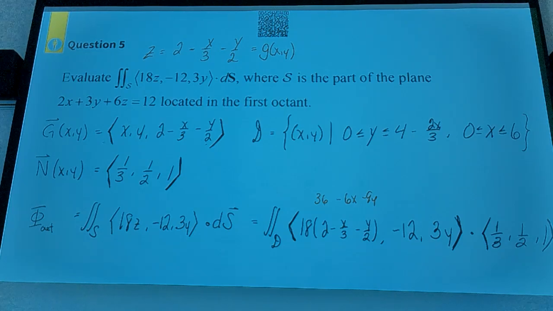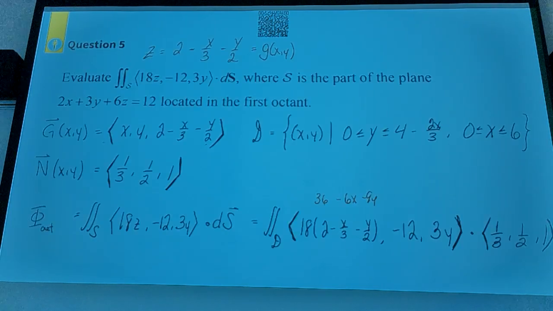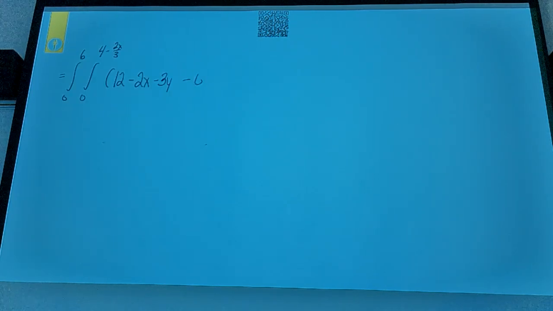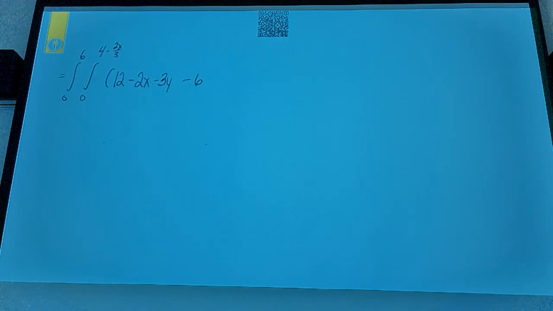Now take the dot product. 1/3 of that, 12 minus 2x minus 3y, minus a half of 12, plus 3y.